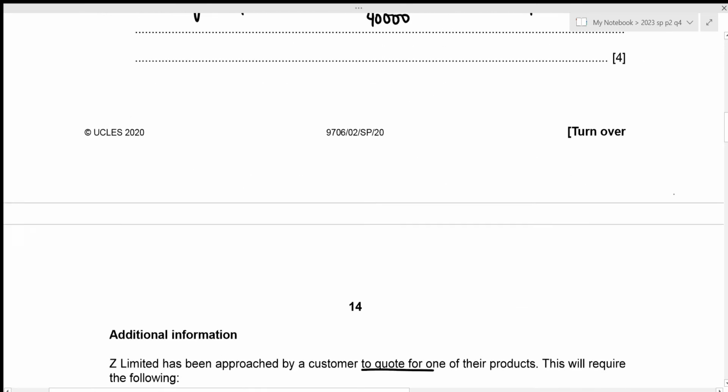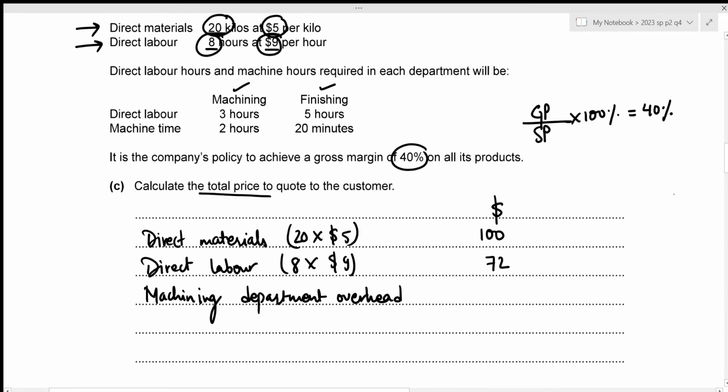So in order to figure out the total overhead, we just need to multiply this absorption rate of 12.97 to our machine hours. And for machining, the machine time, which is equivalent to machine hours, is 2. So we're just going to multiply it by 2, which results in our machining department overhead to have the value of 25.94.